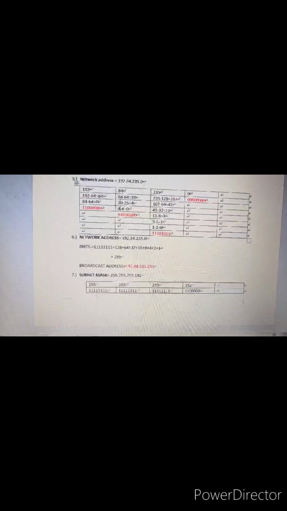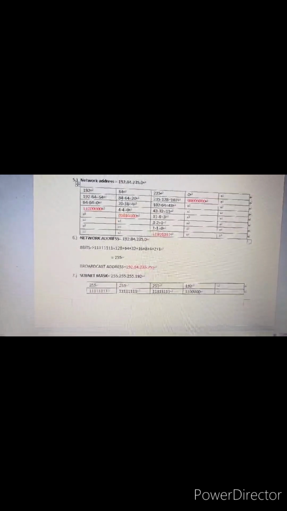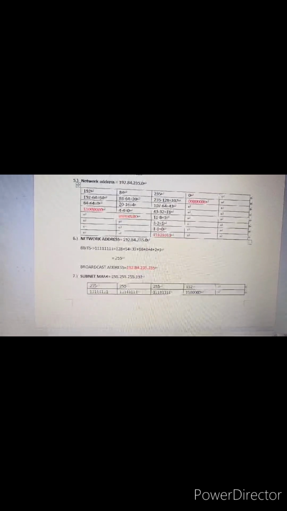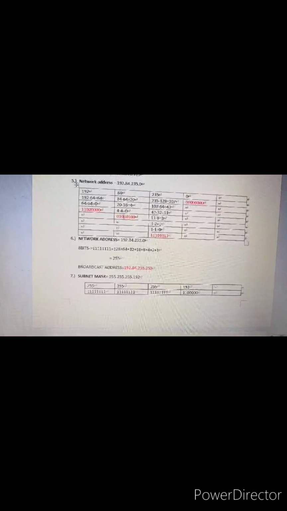So 84 is lesser than 128, so that's why I put 0 here. But 84 is greater than 64, that's why 1 here. So 20 is lesser than 32, that's why 0 here. 20 is greater than 16, that's why 1 here.